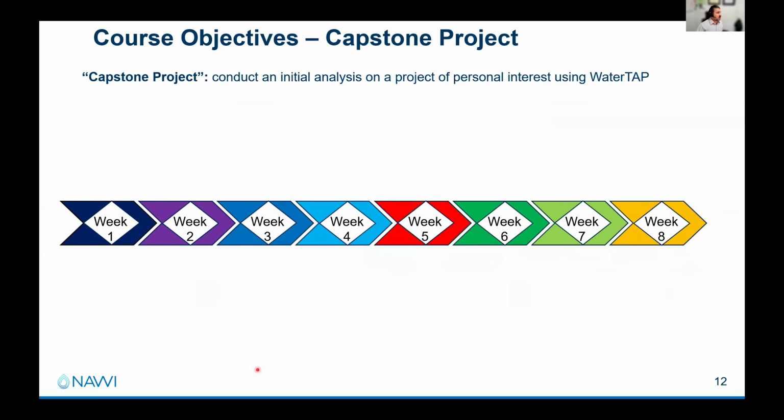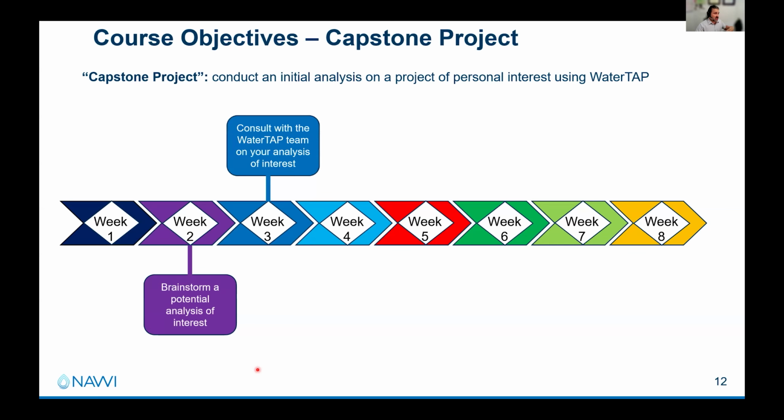Okay. The other thing that we did in the course was to encourage people to think about a capstone project. What is this? This is just pick an initial analysis that you're interested in that's relevant to a real project that you're working on, right? And so for week 2, we asked people to brainstorm ideas on that analysis.